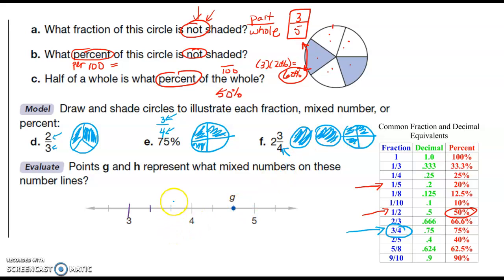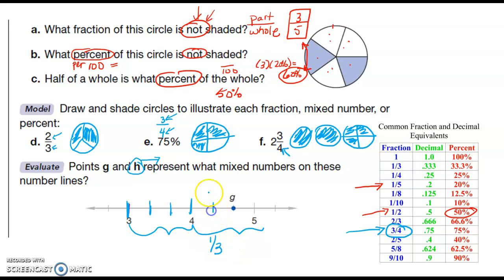Okay? All right, points G and H represent what mixed numbers on these number lines, and H is on the next page, so no freaking out. So G is here, and if I count from 3 to 4, I have 1, 2, 3. So between 3 and 4, and that's the same as between 4 and 5, it goes by thirds.